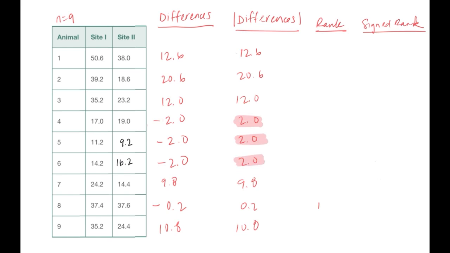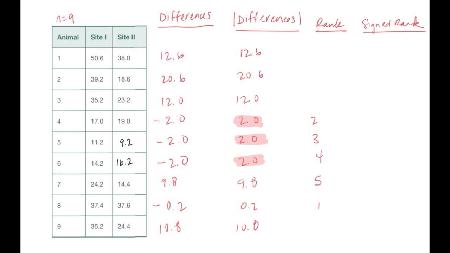I think the easiest way is to just go ahead and rank them. They're tied, so they're going to take up the next 3 ranks: 2, 3, and 4. They're all the same, but I'm just going to give them the next 3 ranks for now, finish out my ranking, and come back to them. So ranks 2, 3, and 4, and then this one would be rank 5.